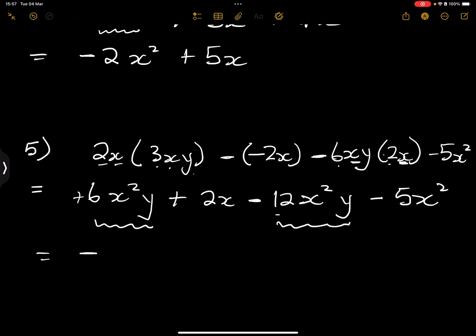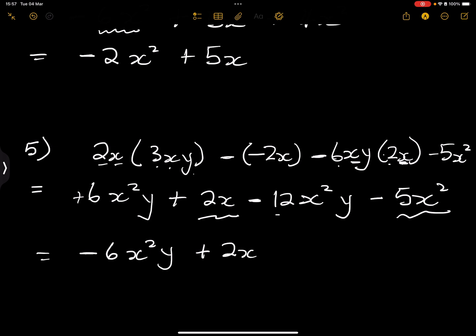So we take the negative sign, and 12 minus 6 will give us 6. So we've got negative 6x squared y. Now these two are not like terms, so we are simply going to say plus 2x minus 5x squared. All right, I hope that makes sense.